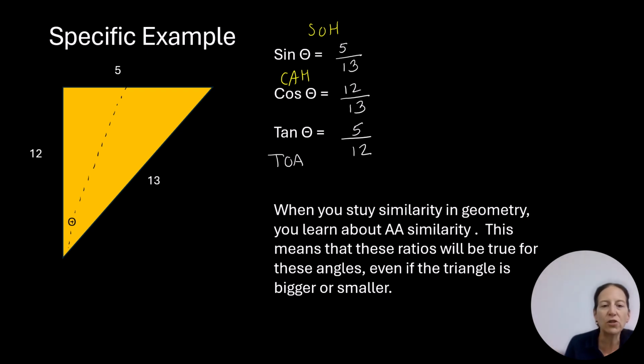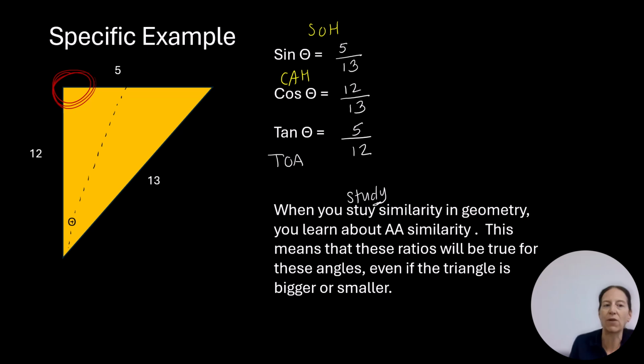Now, when you study similarity in geometry, you learn about angle-angle similarity. And so that means that if you have any two angles that are the same, then the triangles are similar. And so in a right triangle, you automatically have the right angle, which is going to be the same.